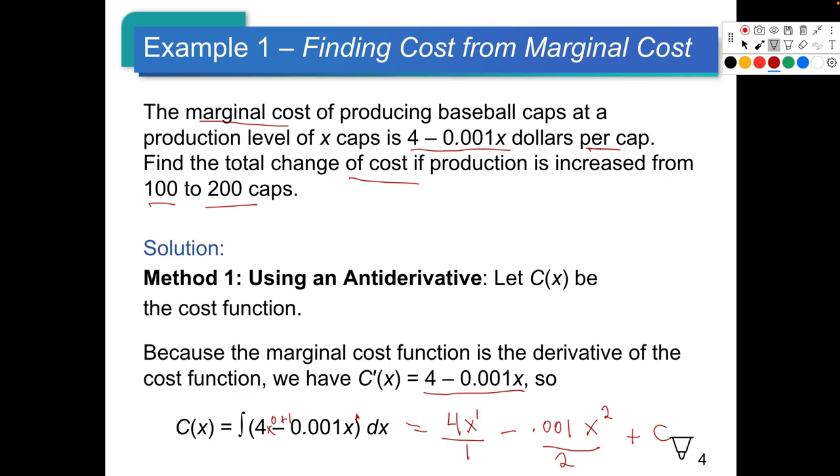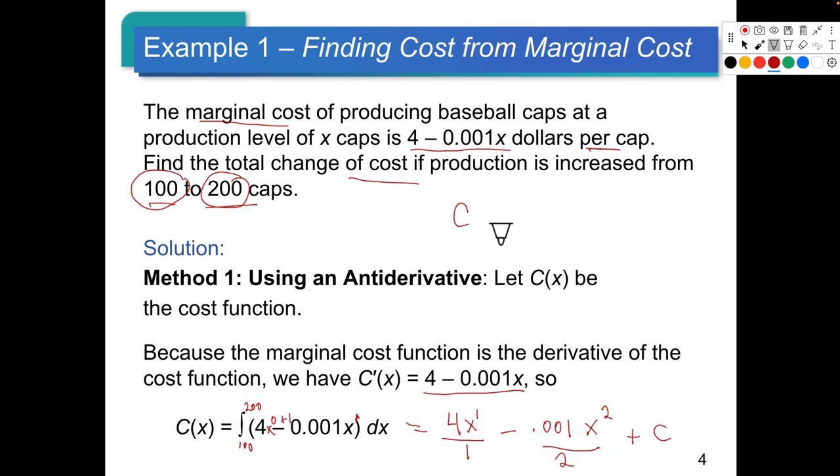That's what we started off with way back in 13.1, right? That's all we're doing. But the question is specifically what happens to the cost going from 100 to 200 caps, so we have a boundary. Those will be boundaries that we put on the integration. Since we have this function, what would we do to find the difference between producing 100 caps and 200 caps?